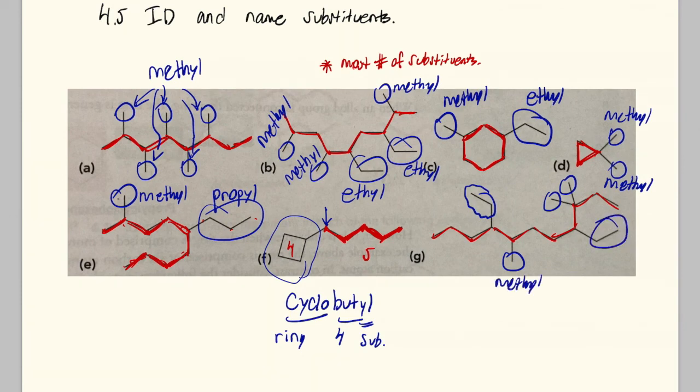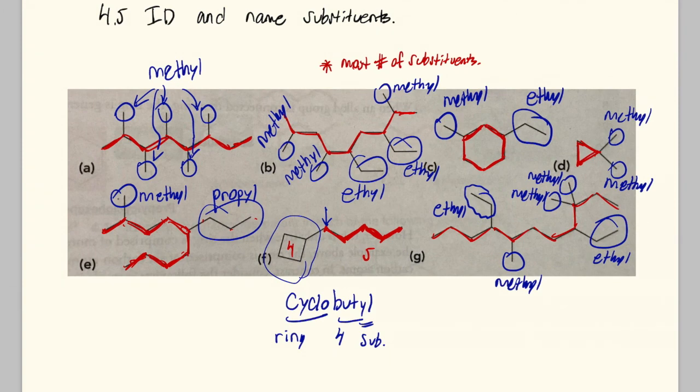So this is a methyl group. This is a propyl group. I'm sorry, did I just say propyl group? Let me correct that. Ethyl group is 2. Methyl group is 1. And methyl group is 1.